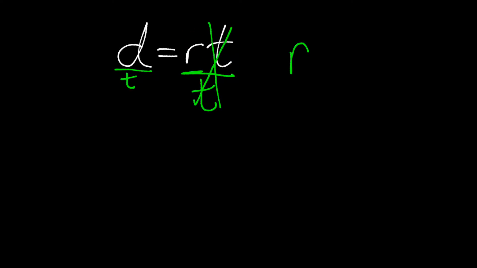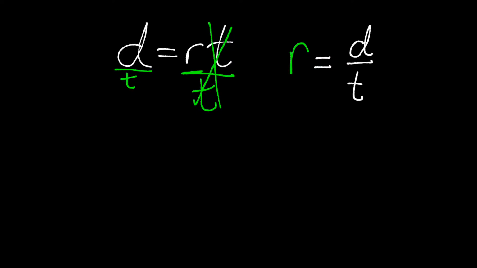So we can say that in this formula, if we were to solve for r, r is the distance divided by the time, or r equals d over t. And we will just leave it like this. We solved for r. We got r alone, and that is exactly what we were hoping to do.